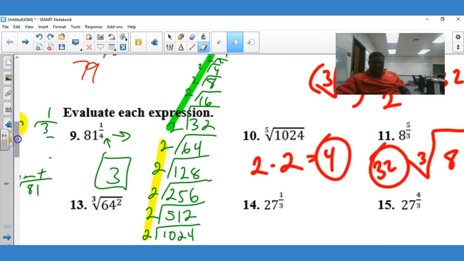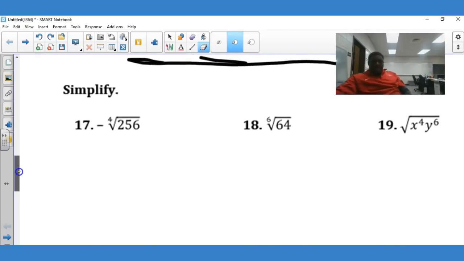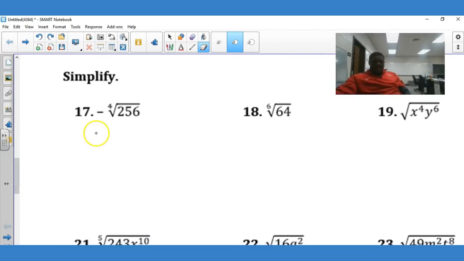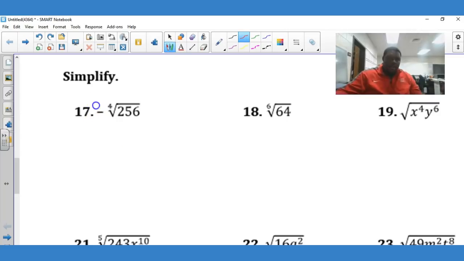Let me make sure I got them all. These, simplify. Again, this one, 256. If you think about it, that's even. Don't forget this negative. I'm going to come back to this, but for right now, I'm going to do it by hand real quick. So this is a 6. I have 256. If I divide that by 2, the lowest prime number I know of is 2, that's going to be 128.